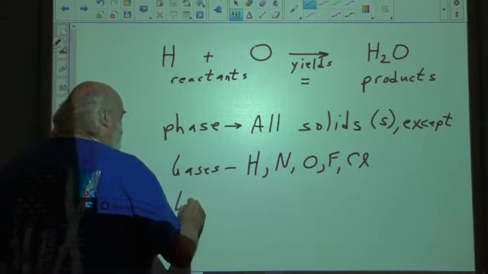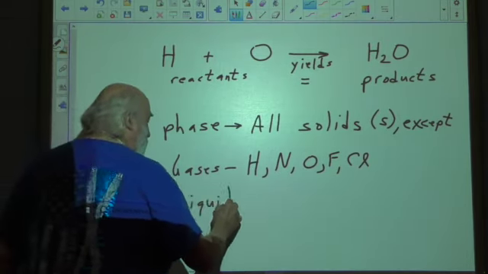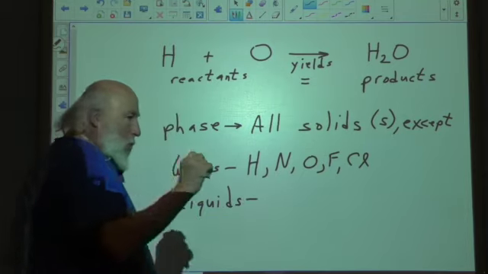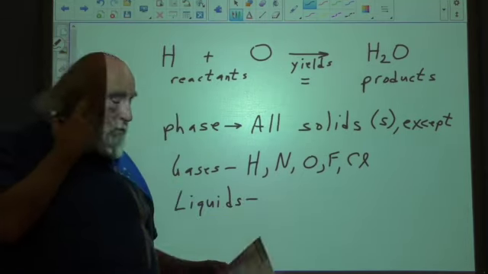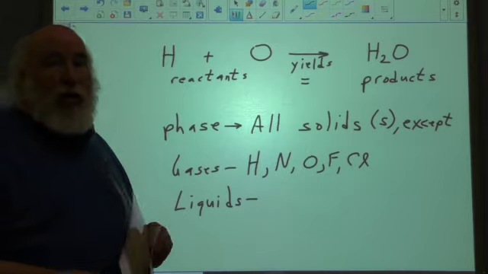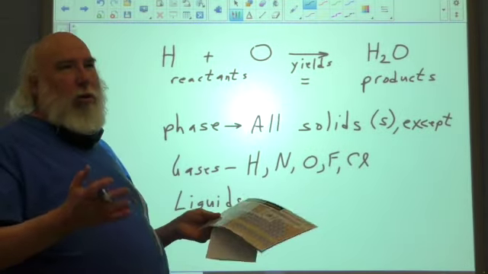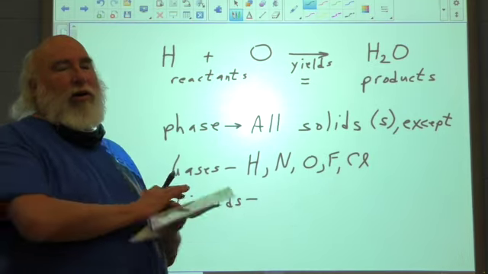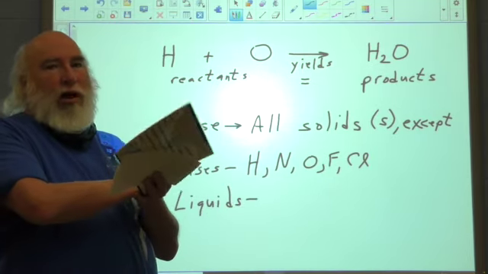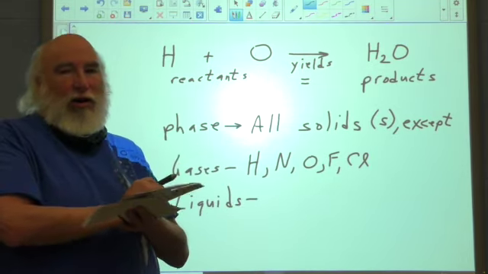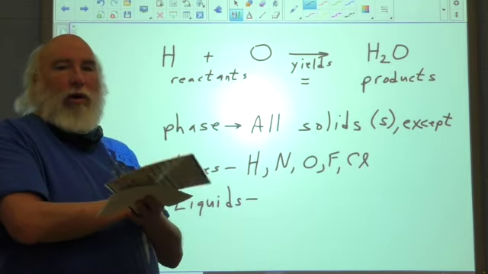The liquids at room temperature. Now we're talking about room temperature. Some of these are really close to turning liquid, but they don't. Example, gallium. If you held gallium in your hand, which is higher than room temperature, which is right around 70 to 75 degrees, your body temperature is 98.6 degrees. That's hot enough to melt gallium.